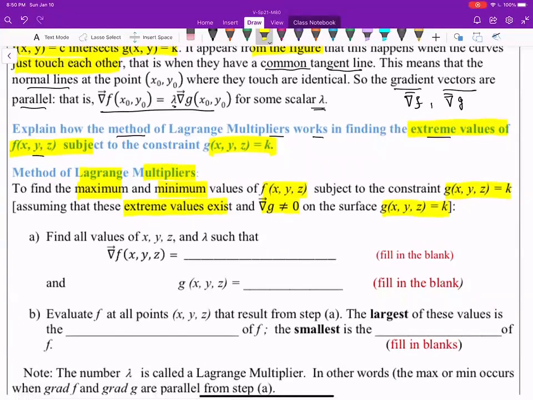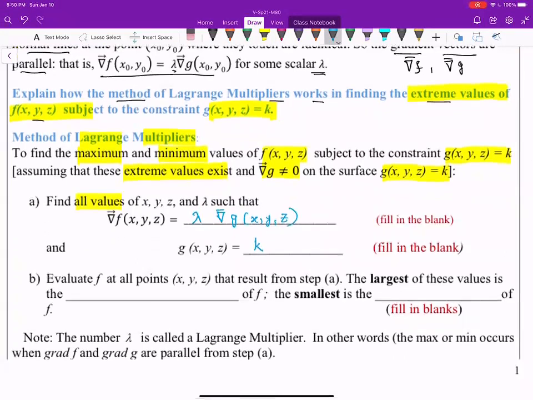Step A: find all values of x, y, z and lambda such that del f, the gradient f at x, y, z, equal to lambda times gradient g, along with the constraint g of x, y, z equal to k.